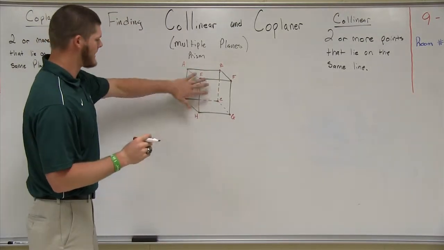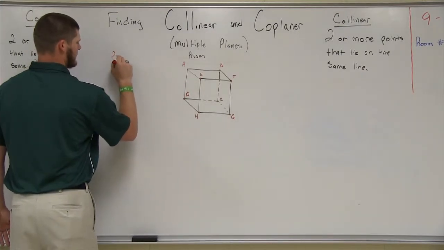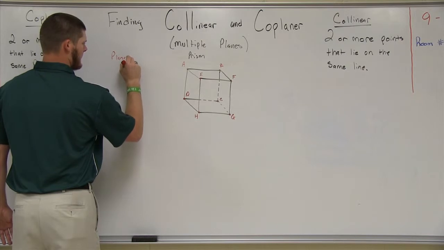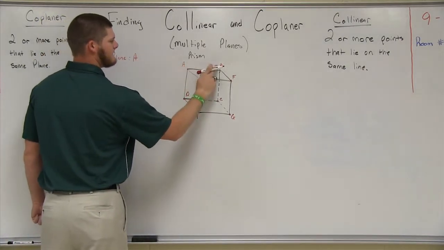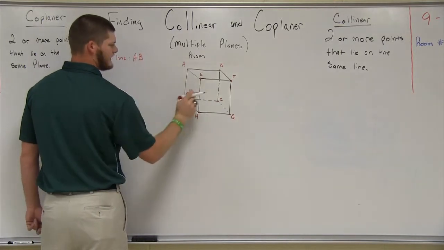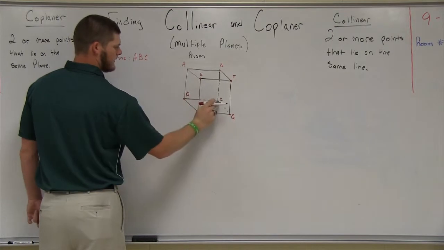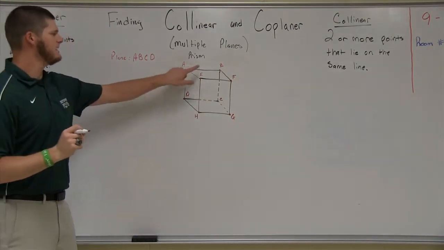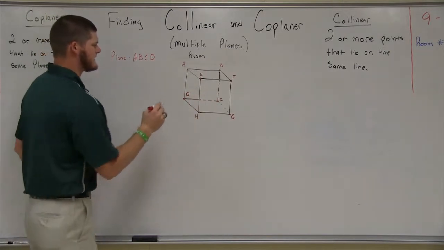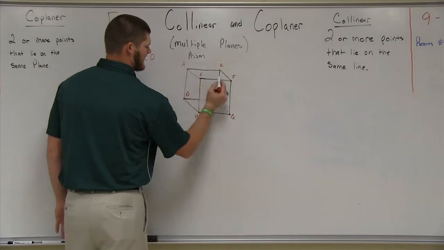We would call that plane A, moving clockwise, B, continue on that same plane, C, clockwise, D. That would be plane ABCD, and we can see that that would be this back plane that makes up this back section.